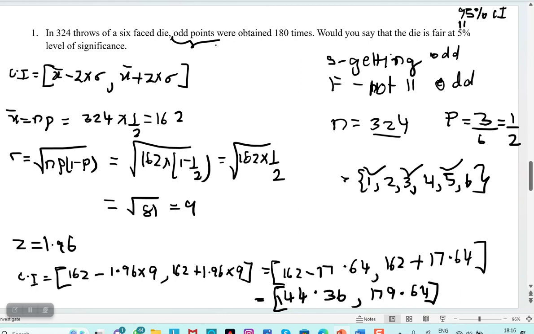Now if you observe, the testing value is 180 in this case. Since 180 does not lie in between them, we say that the claim is rejected.